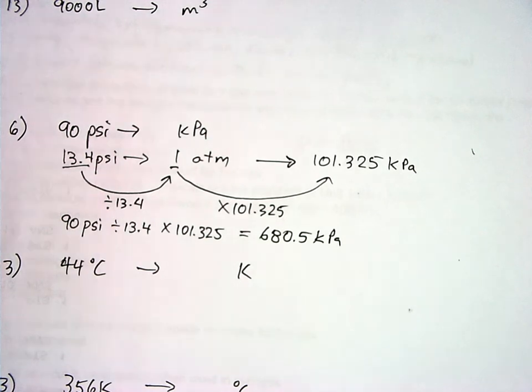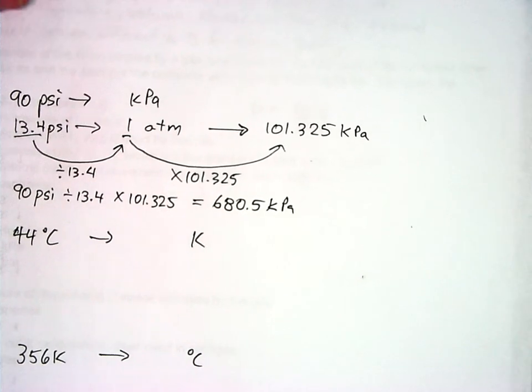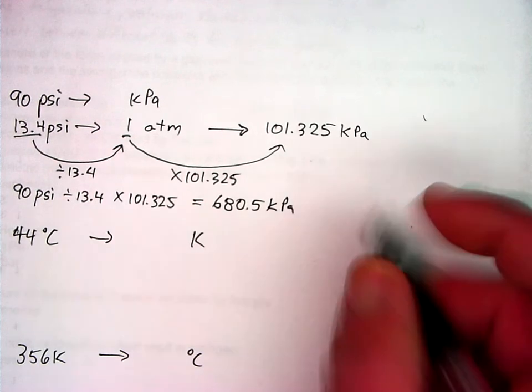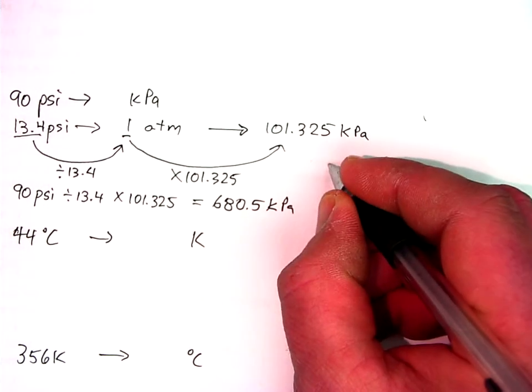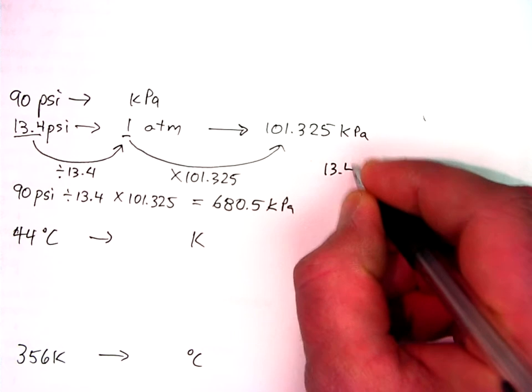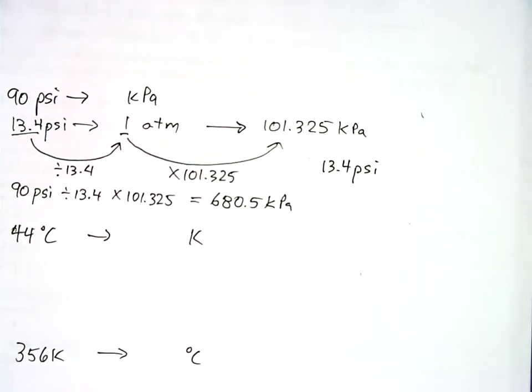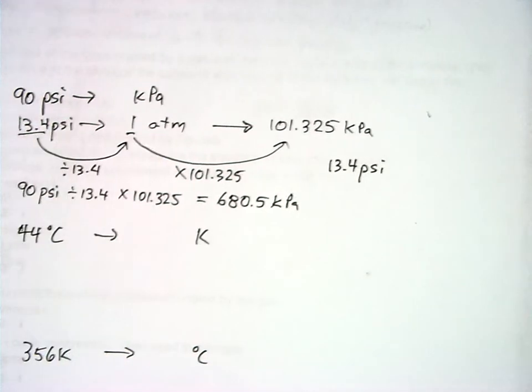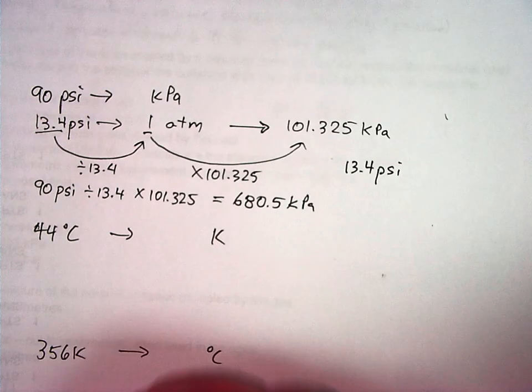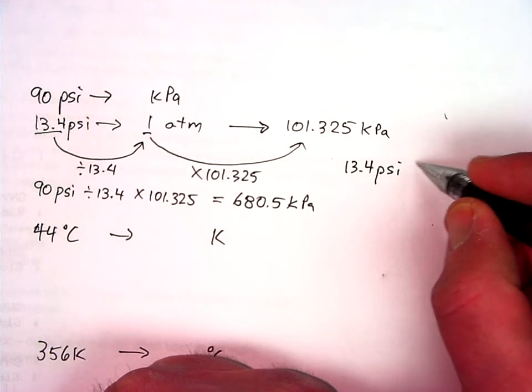Another way that we could have done this, and I'll just show you this briefly, is called the unit factor label method. Okay? And the reason why I like to show this is it really simplifies things. Essentially, what we want to do is use these conversions as factors, as multiplication and division.